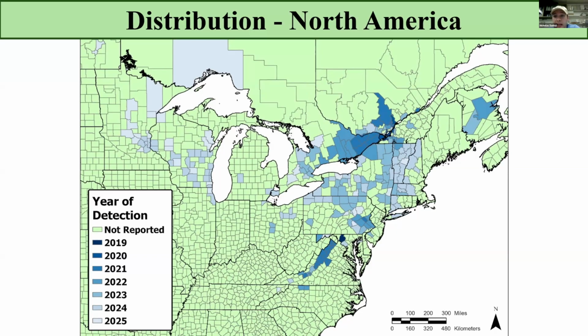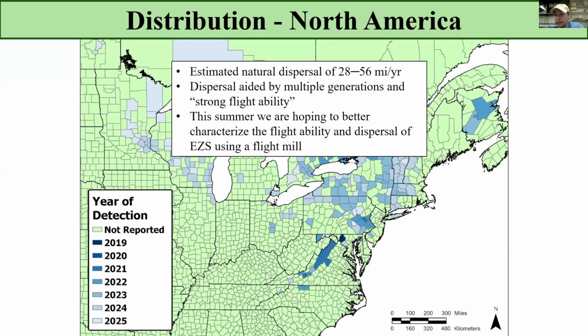And you may be wondering, well, how is this species seemingly spreading so quickly, or how's it getting around at the very least? So, some scientists in Europe attempted to estimate the natural dispersal of Elm Zigzag Sawfly and found that it travels about 28 to 56 miles per year.